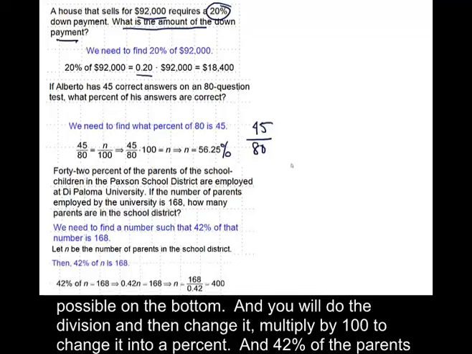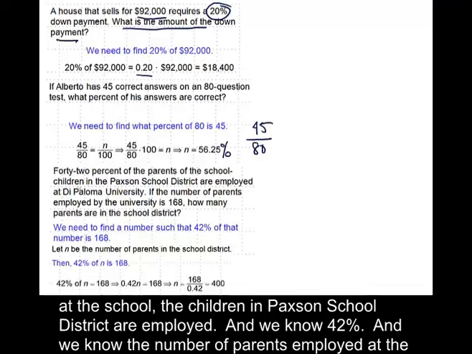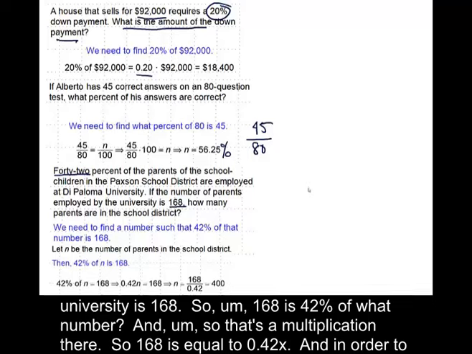And 42% of the parents at the school, children in Paxton School District, are employed. We know 42%, and we know the number of parents used at the university is 168. So 168 is 42% of what number?